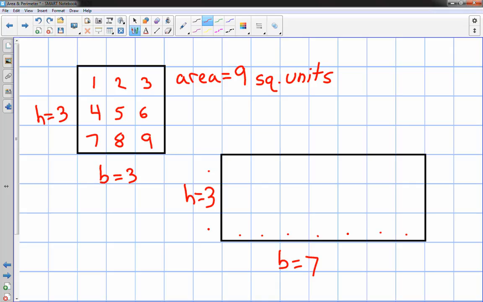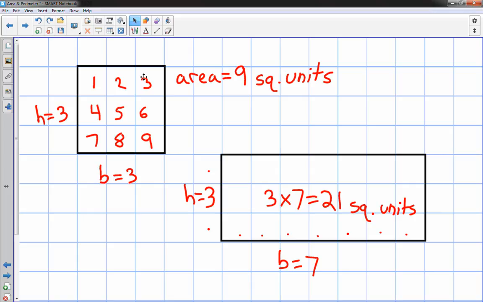So I could count the squares inside, or I could just simply multiply 3 times 7 to get 21 square units inside. So many squares are inside. So hopefully you're noticing I'm multiplying two dimensions, a length and a width, or a base and a height.